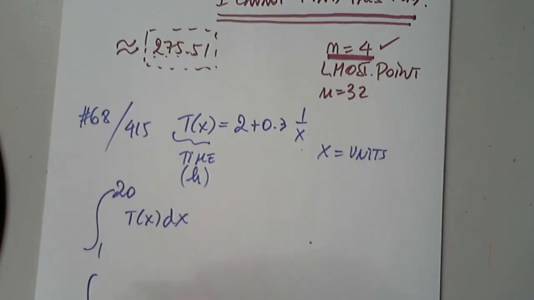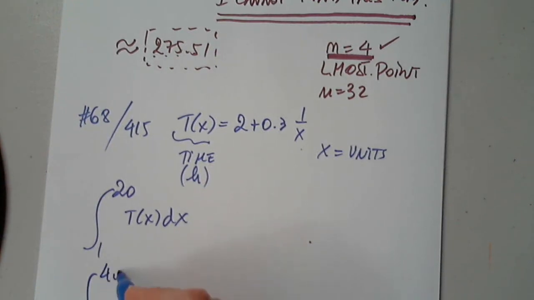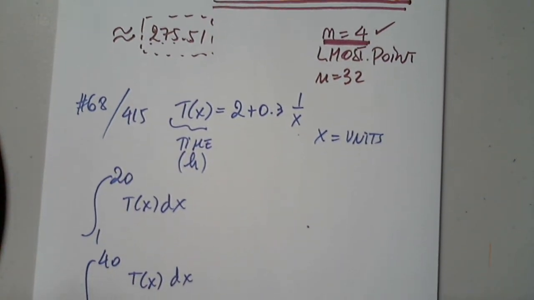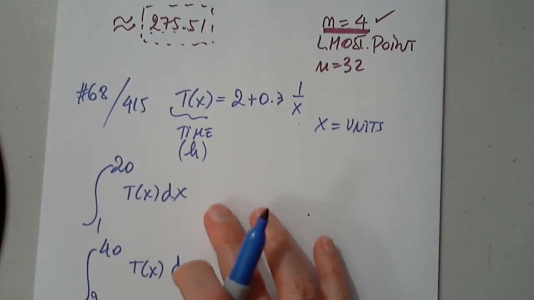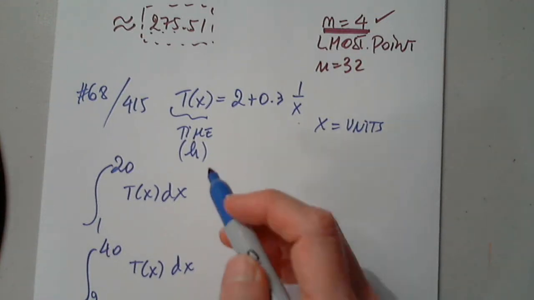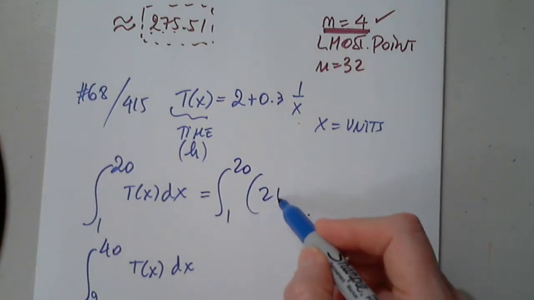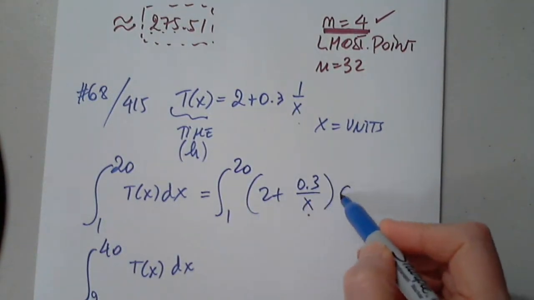And we have the integral from 20 through 40 of T of x dx. Do we need to do both? One would be fine because they're both the same. Okay, so the integral from 1 to 20 of 2 plus 0.3 over x dx.